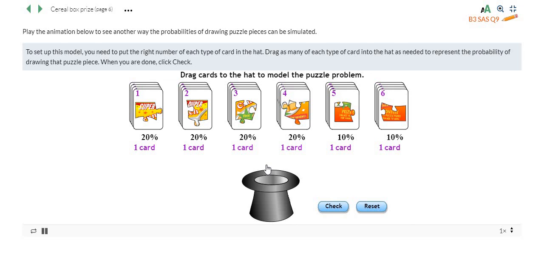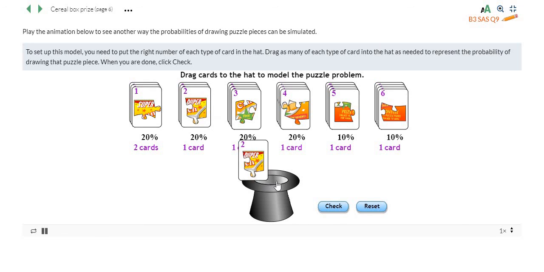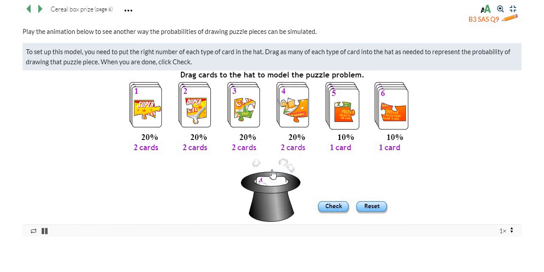There needs to be 2 of those cards in the hat. Now I have a total of how many cards in the hat? I put all 6, then I added 4 more, so I have 10 cards in the hat, double 1 through 4. That is a probability scenario I could use.